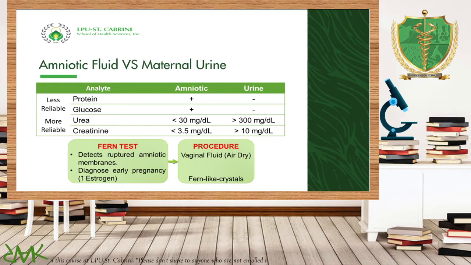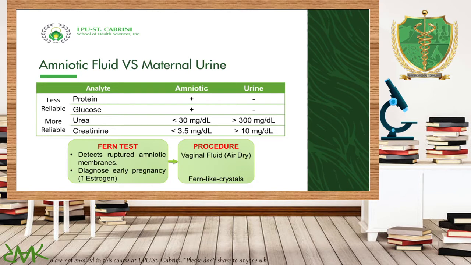Whether a mother is diabetic or not, the same levels of urea are seen in the maternal urine.